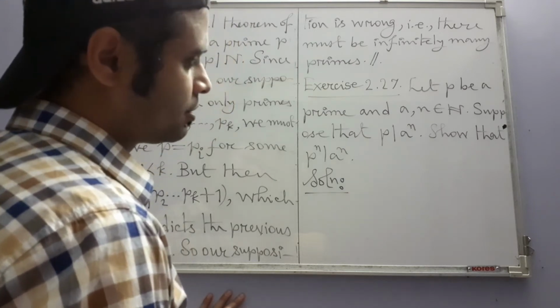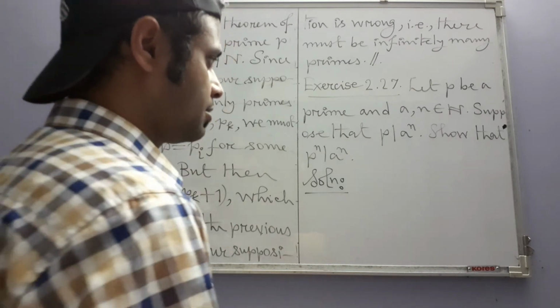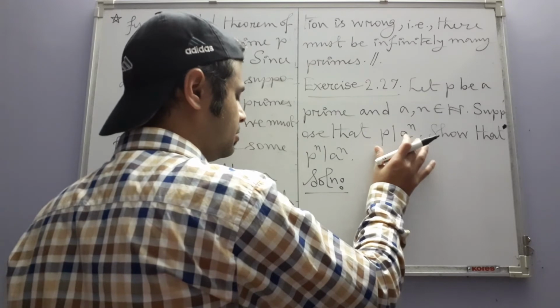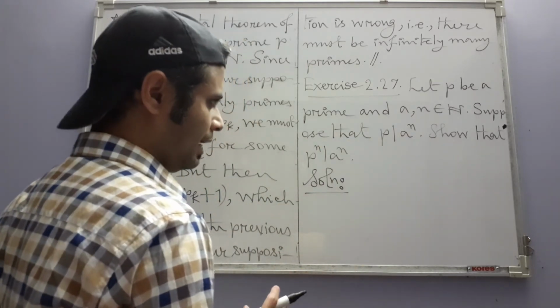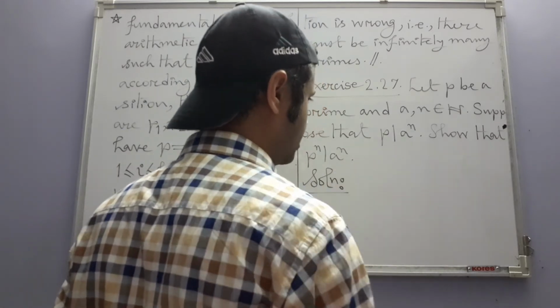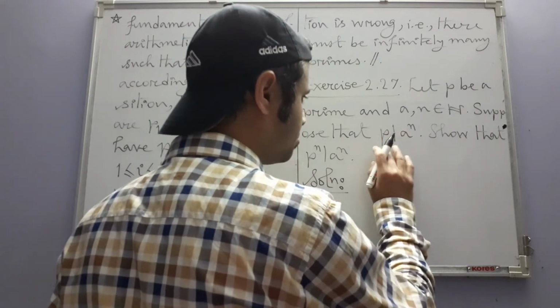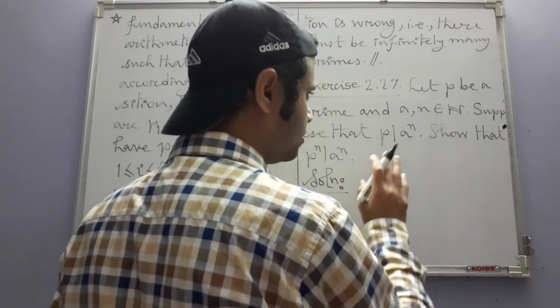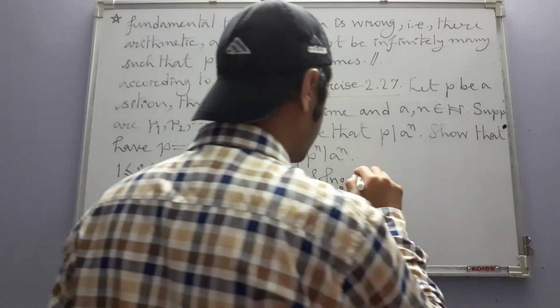If a is non-zero and n is 0, then of course this divisibility relation itself is false. Anyway, that does not really matter and does not affect this, because it's already given that p divides a to the power n. So without thinking of such minor things, we can start from here.